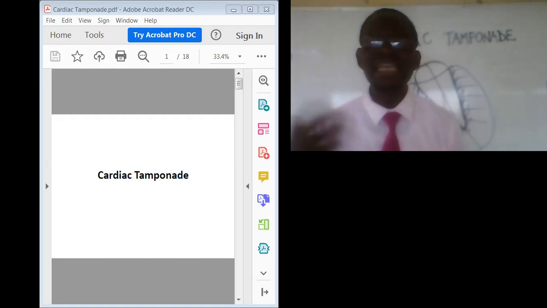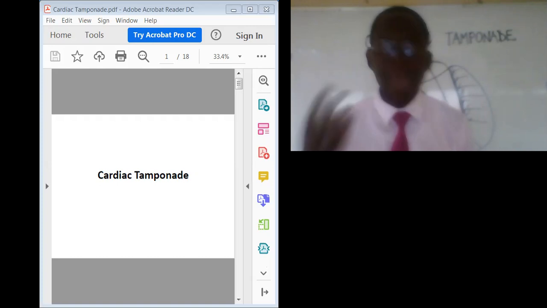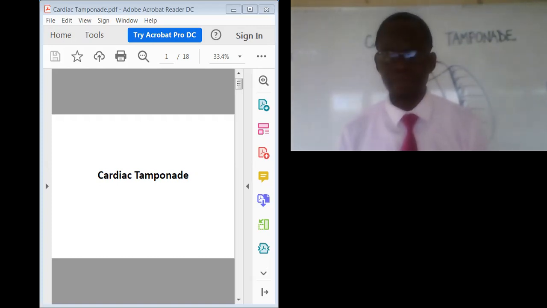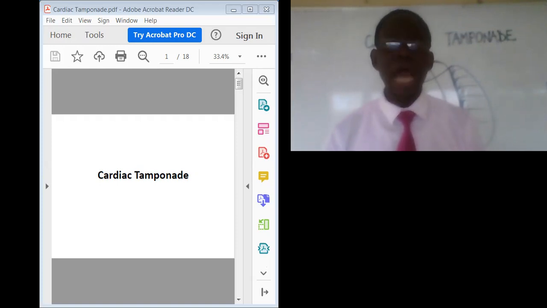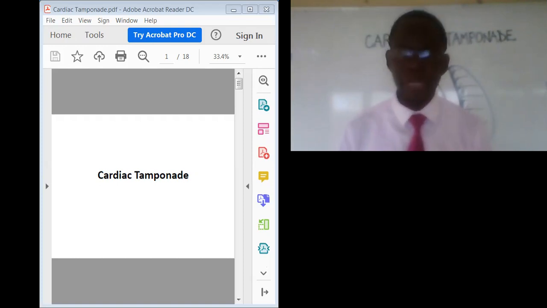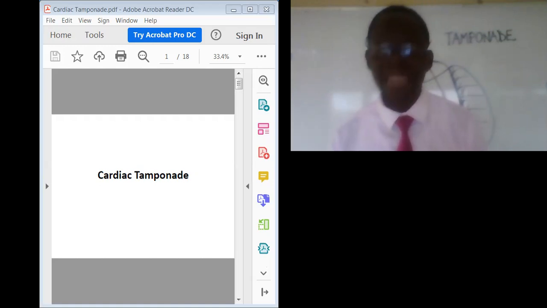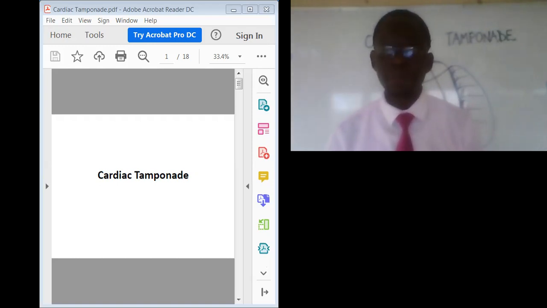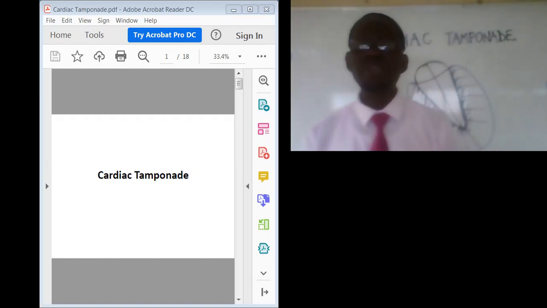In other words, it limits or inhibits the normal functioning of the heart. Remember, the heart is supposed to contract and relax, and in that case, performing its normal function. However, with cardiac tamponade, the heart is unable to perform its normal function of pumping blood to the body or other parts of the body. So cardiac tamponade basically limits the heart to perform its role.